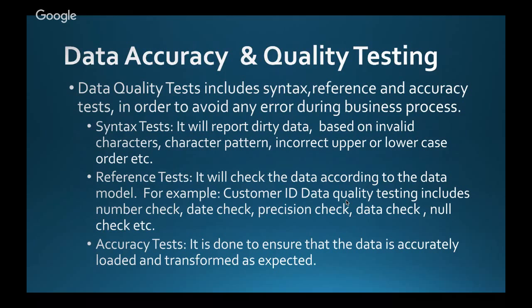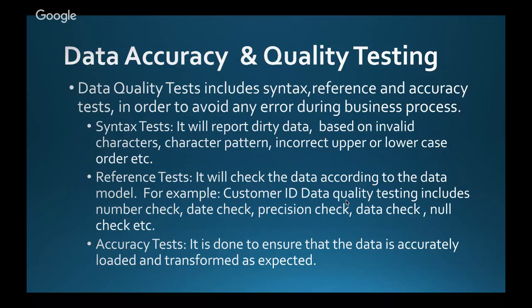It includes different kinds of tests, such as the syntax test. It will report dirty data based upon invalid characters, character patterns, incorrect upper or lower case order, etc. Then there is the reference test. It will check the data according to the data model. For example, customer ID data quality testing includes number check, date check, precision check, data check, null check, etc. The accuracy test is done to ensure that the data is accurately loaded and transformed as expected.